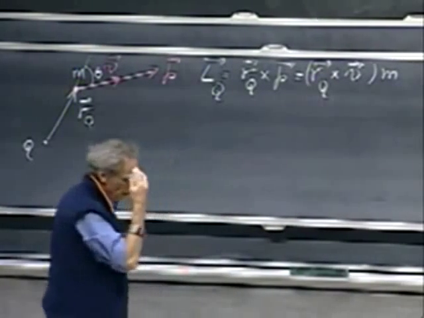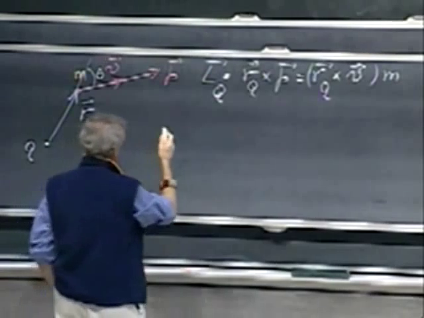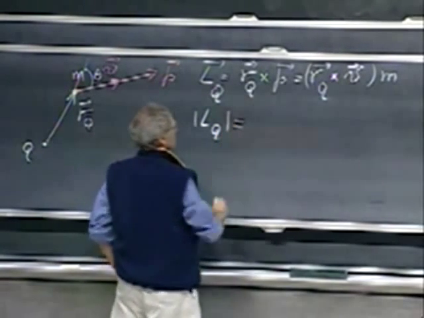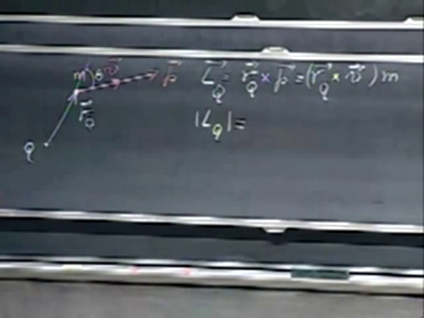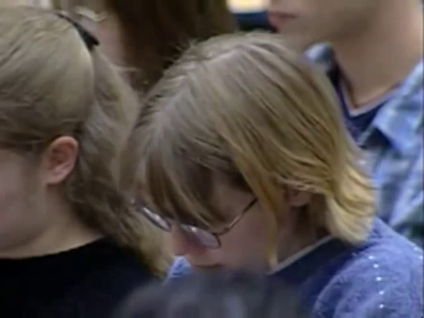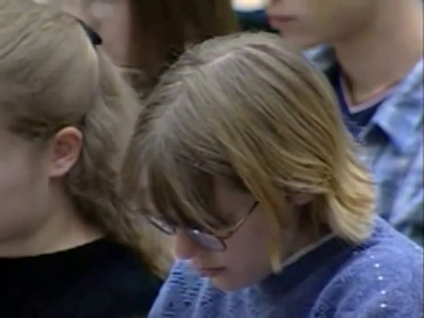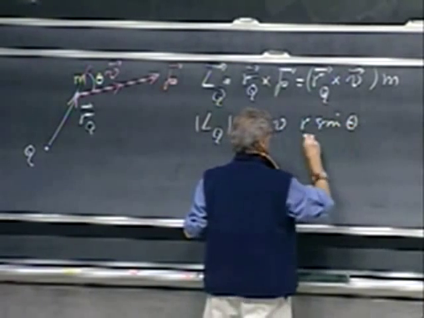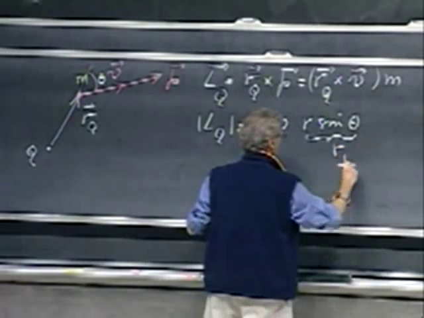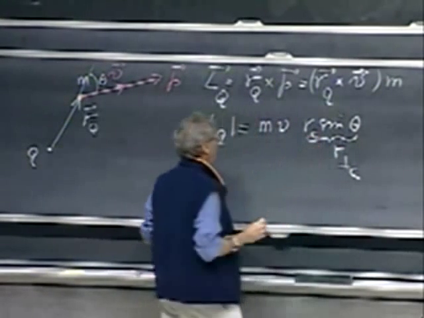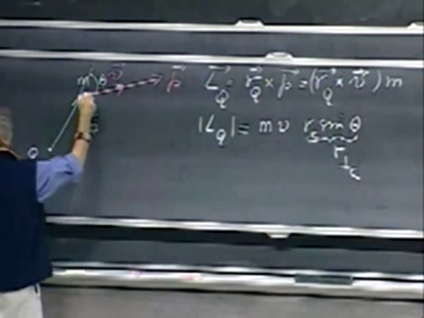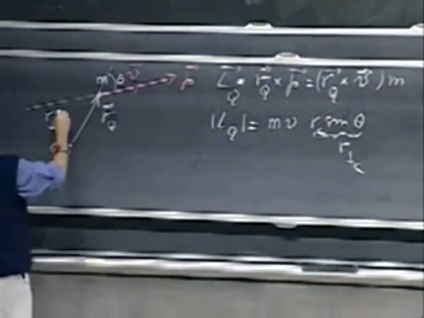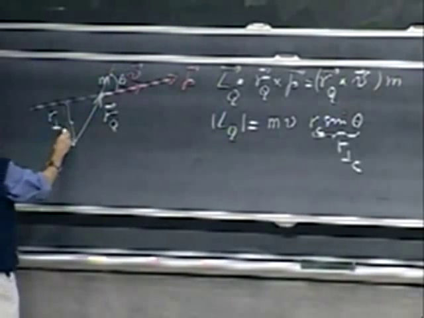The magnitude of the angular momentum relative to point q is of course r m v, but then I have to take the sine of the angle theta. So let's say it is m v r sine theta, and this I often call, shorthand notation, r perpendicular. That r perpendicular is this distance relative to point C.